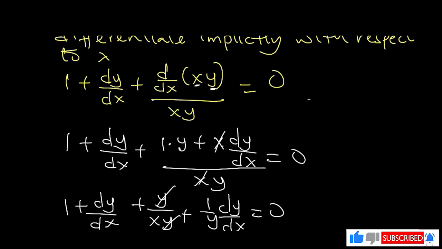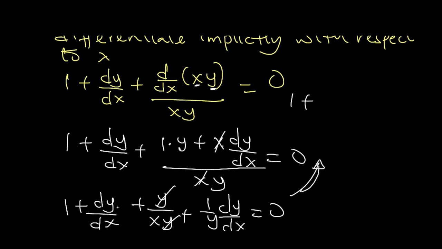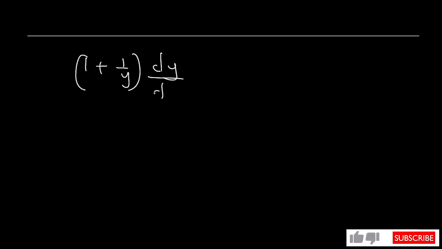This is giving us 1 plus, and we can combine the dy/dx together. If we factorize dy/dx, we're going to have 1 plus 1 over y, times dy/dx. Then we can move the other variable to the other side, and that will be equal to minus 1, and then minus 1 over x.